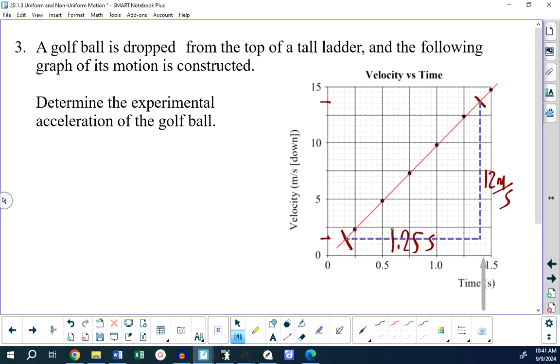So what's my acceleration? The magnitude of it will be the slope of this line, which will be 12 meters per second over 1.25 seconds.